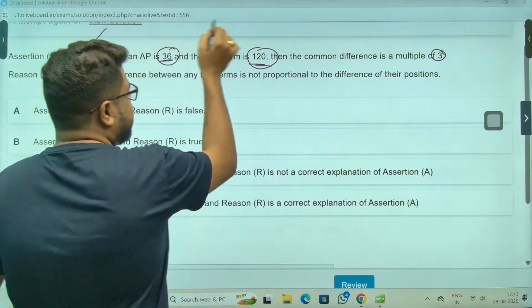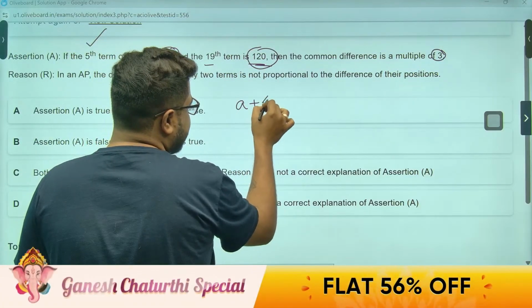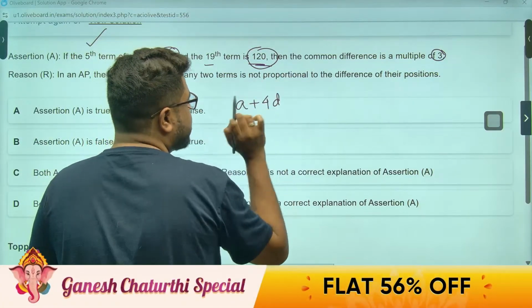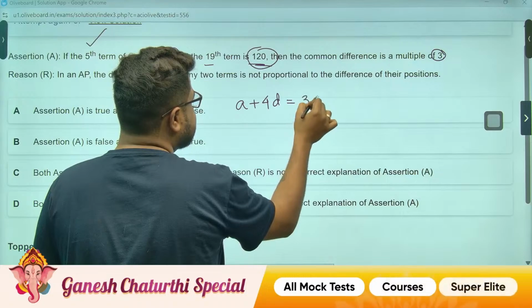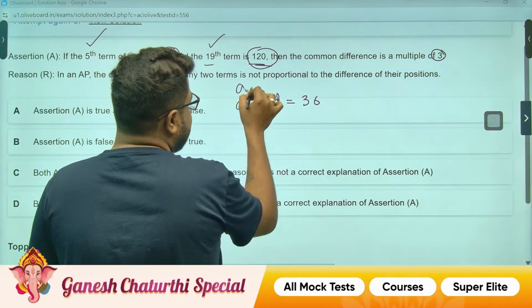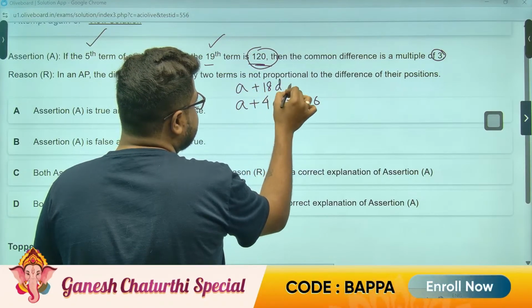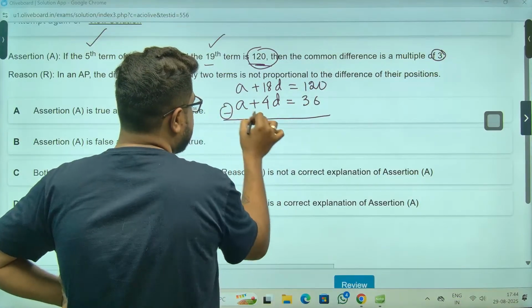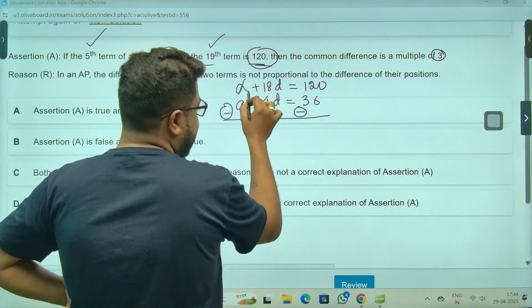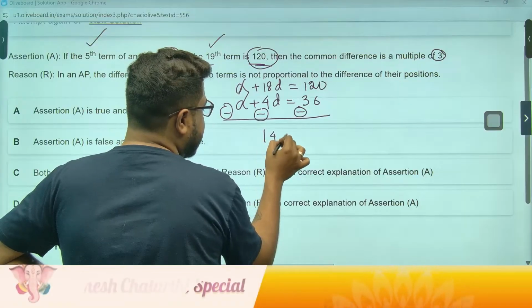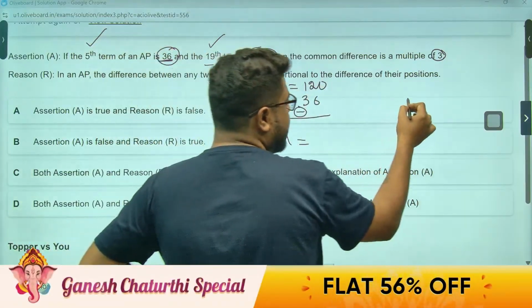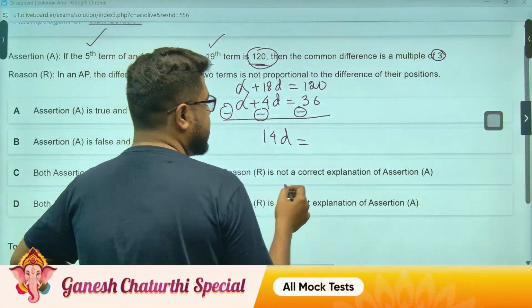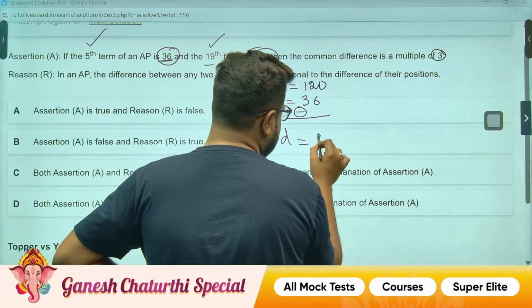Fifth term, T5. That means A plus n minus 1, 5 minus 1 is 4 into D is 36. And 19th term, A plus 18D, 19 minus 1, it is 120. If you subtract, sir, A cancels. So 14D is this. 120 minus 36 is 84, sir.